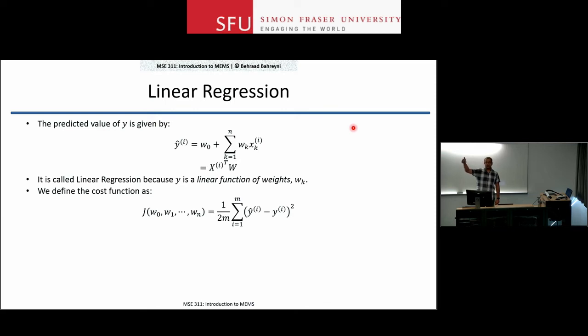This could be positive or negative. In order to get rid of that sign and focus only on the difference itself, we square it, and then we do this for all of the samples that we have. So we sum up the errors over all of the samples. The idea is that I find W0 to Wn such that this error is at its smallest.